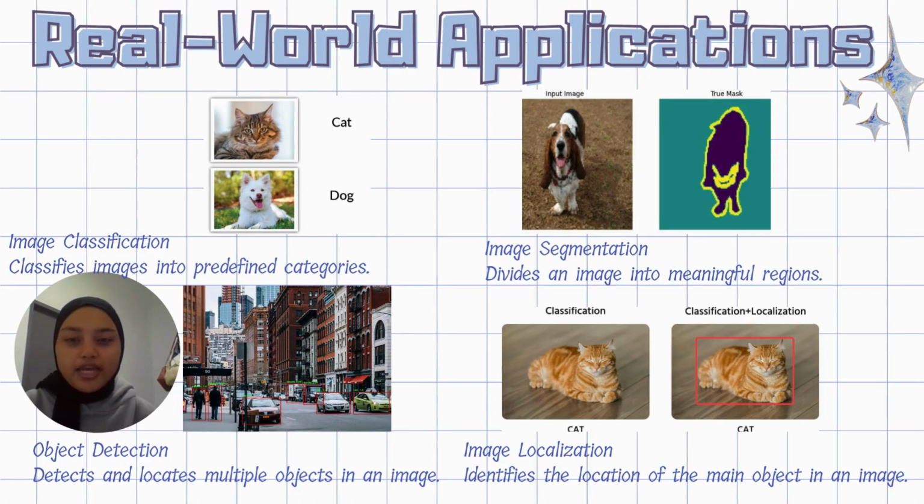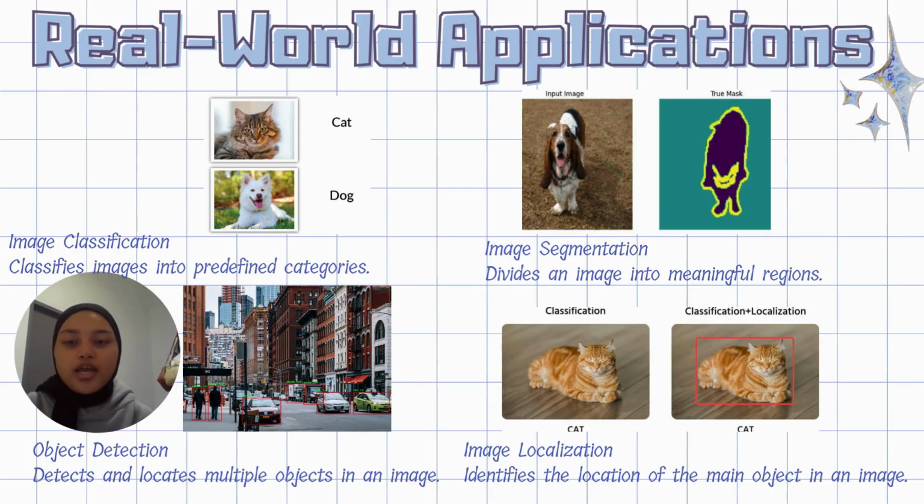The second application is object detection. Besides identifying objects, it also shows where they are by drawing bounding boxes. Next, image localization. This is similar to image classification, but it only locates the main object of the image using one bounding box.